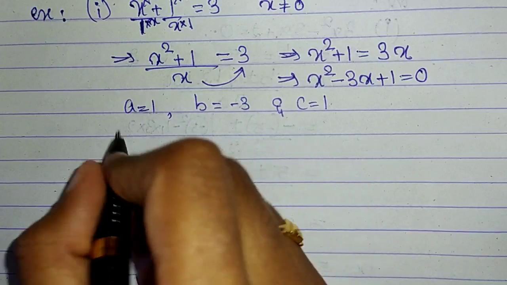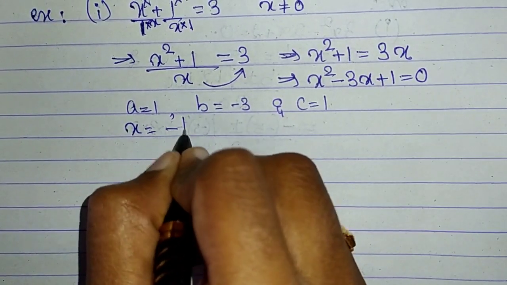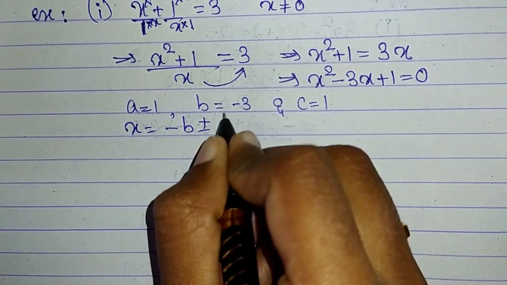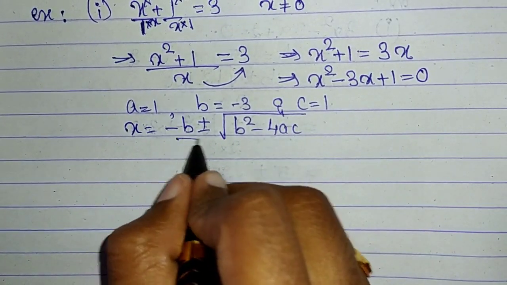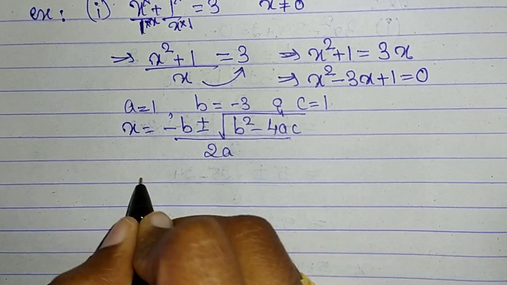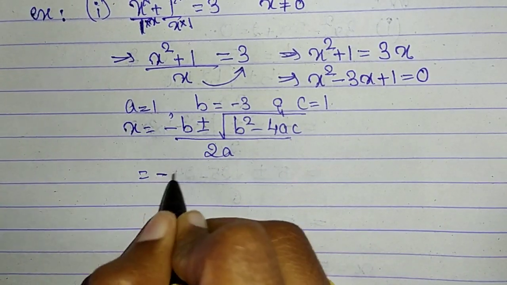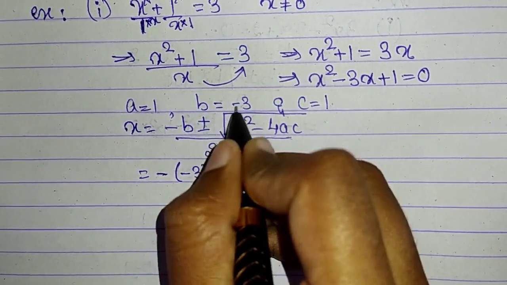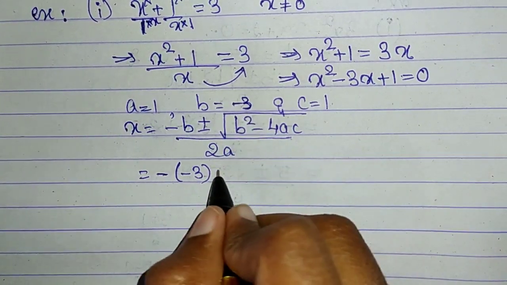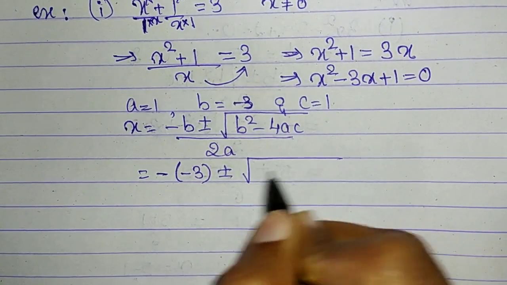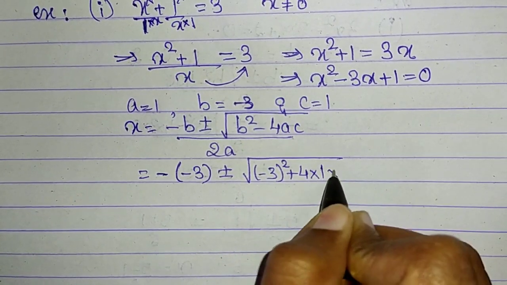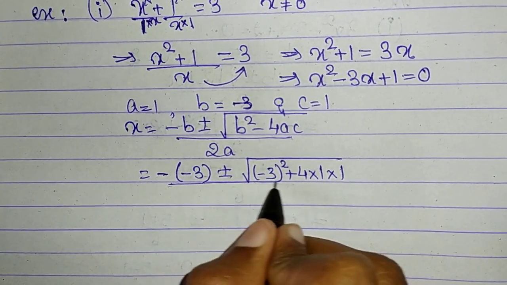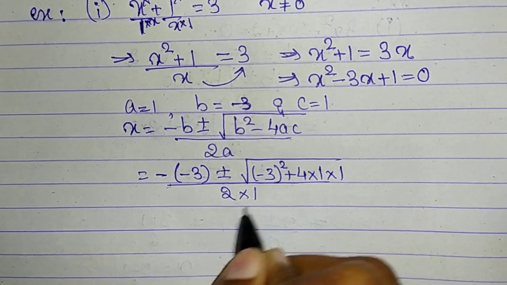So since we know that x is equal to minus b plus or minus under root b square minus 4ac divided by 2a. So this is equal to minus of minus 3, because b is minus 3, plus or minus under root minus 3 whole square plus 4 into 1 into 1 whole divided by 2 into 1.